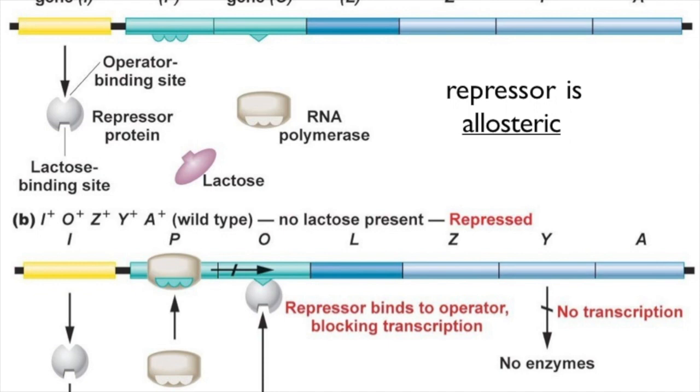Do you want to make all of those proteins if there's no lactose in the system to break down? That would clearly be a waste of cellular resources and energy, okay? And so this system makes perfect sense. That repressor protein prevents the wasting of all of this energy in the production of proteins that aren't needed in the system.